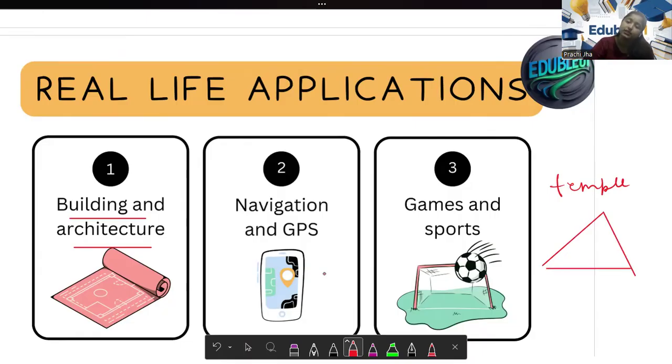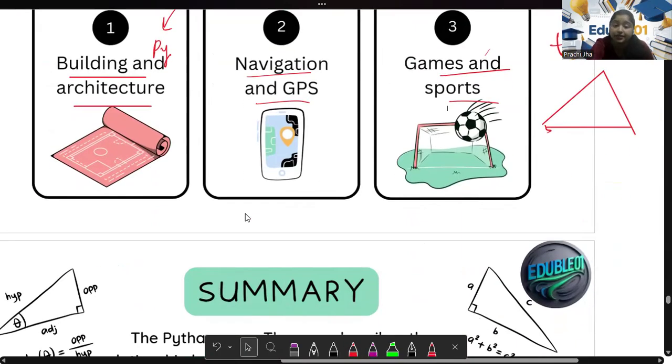That is how you can measure such a big thing. It's estimated with the help of the Pythagoras theorem. Navigation and GPS, games and sports, these all have real life applications of the Pythagoras theorem.